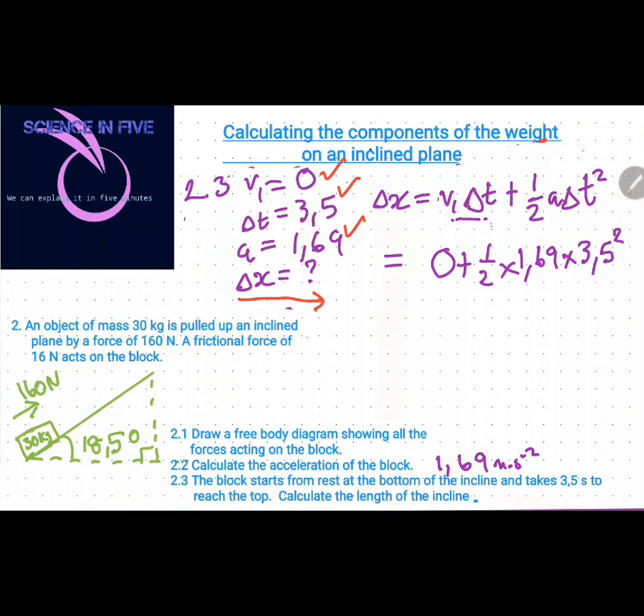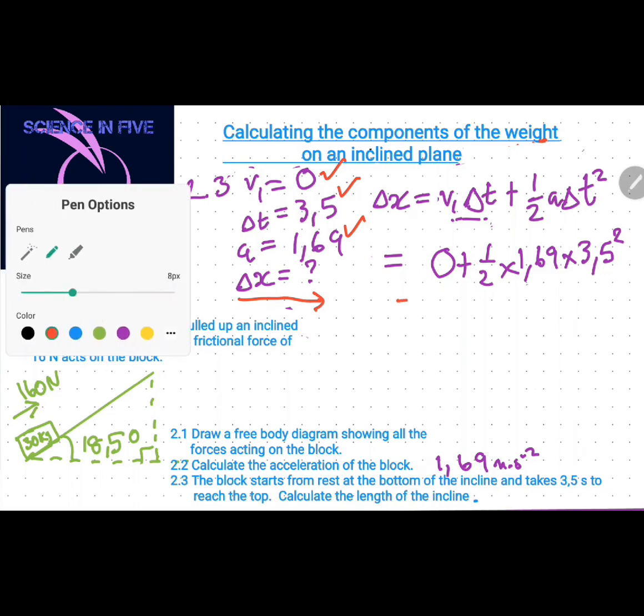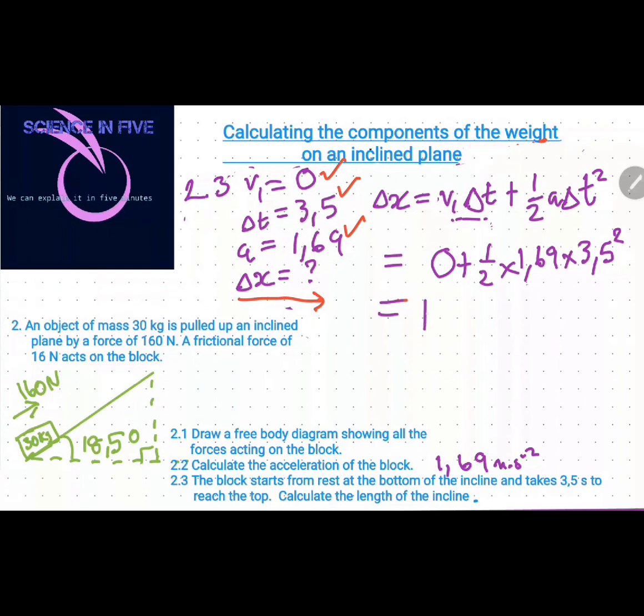In this case, we chose the one that says delta x equals VI delta T plus half A delta T squared. So from here now, we need to use our calculator to get the answer. So the answer becomes 10,35 meters. That's how long this incline is.